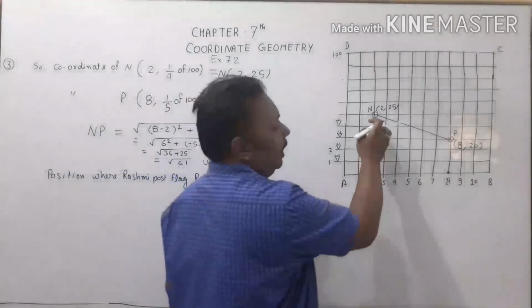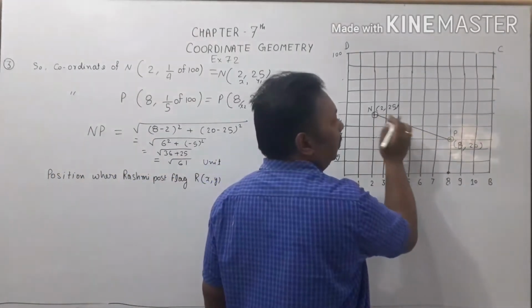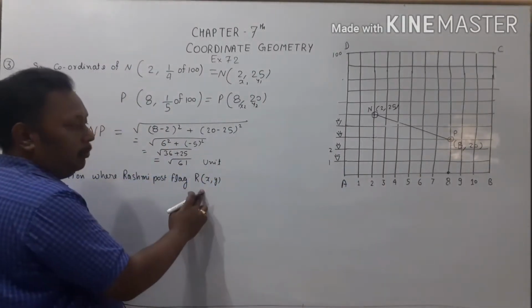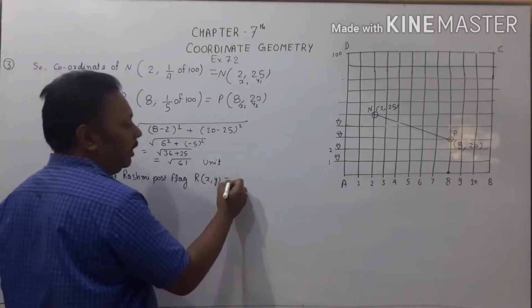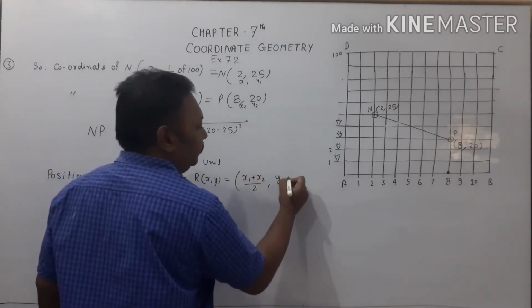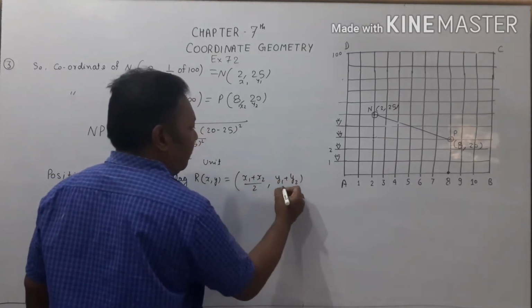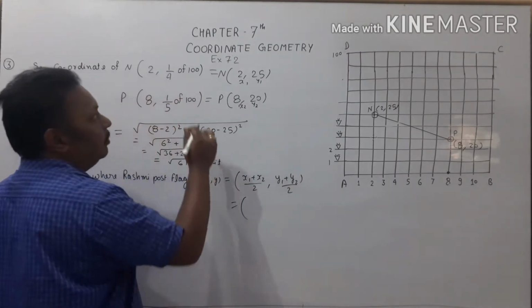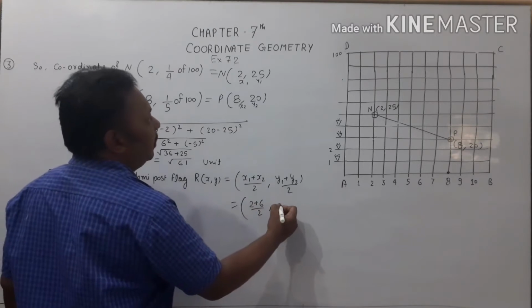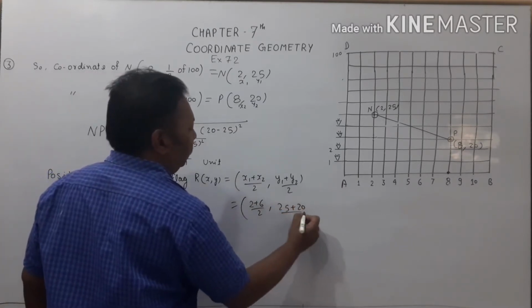Rasmi posts a flag just between the two girls. So the position where Rasmi posts the flag, R(x, y), is the midpoint of this line. We put the values: 2 plus 6 upon 2 and 25 plus 20 upon 2.